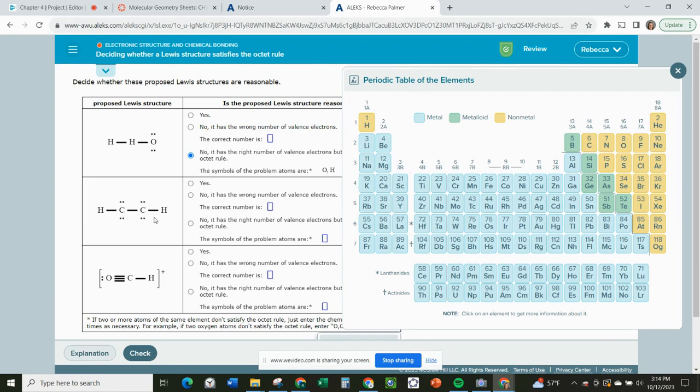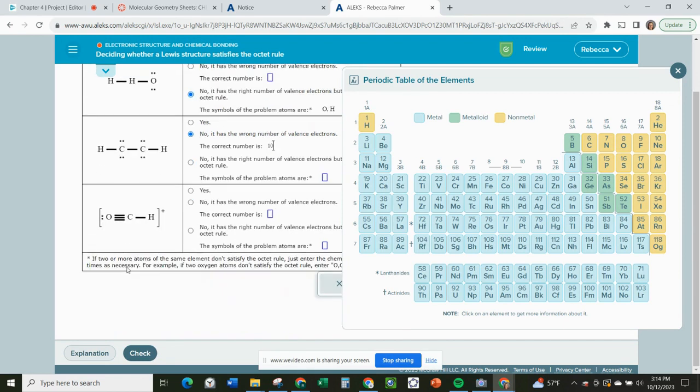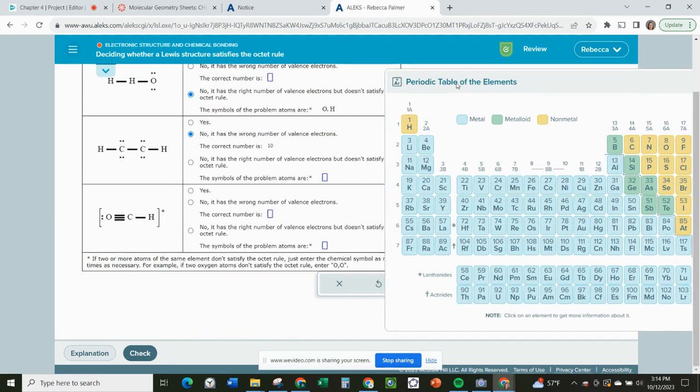So we should have 10 in here. So 2, 4, 6, 8, 10, 12, 14. So this one is wrong because they're showing 14 valence electrons, but really we should have 10. Let me count that really quick. Yeah. Okay.